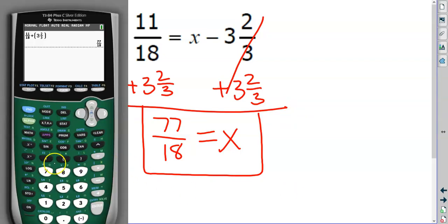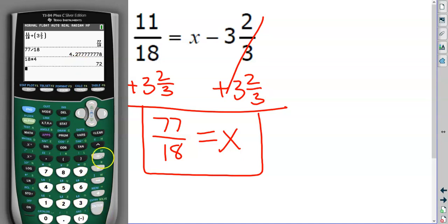Let's see what happens if we did 77 divided by 18 on our calculator. So I know that the whole number would be 4. The unit would be 4. Not exactly sure what that fraction there would mean, right? So we could convert it on our own, or we could simply do 18 times 4.